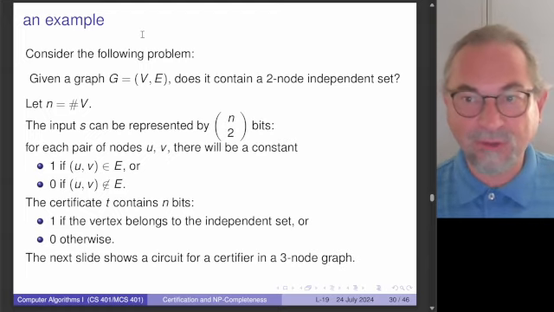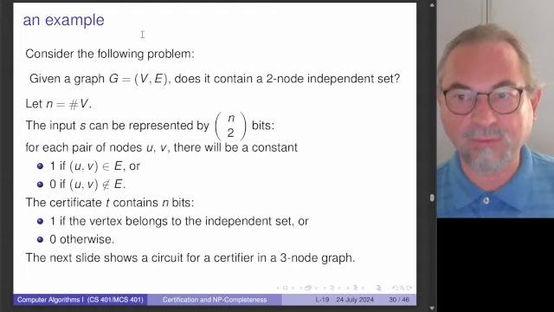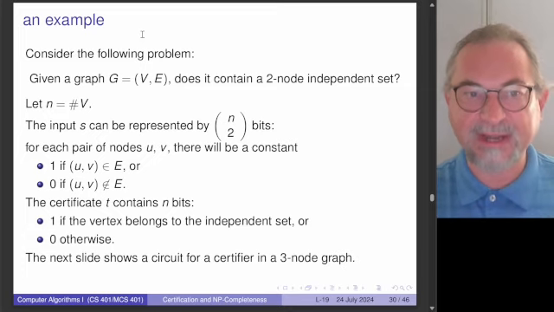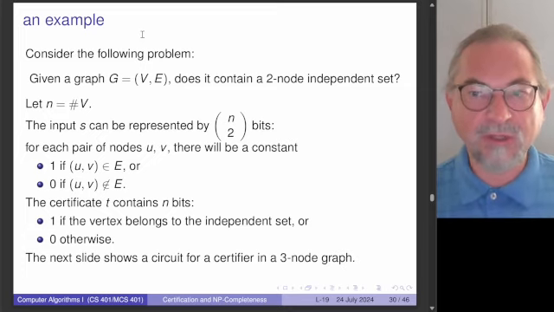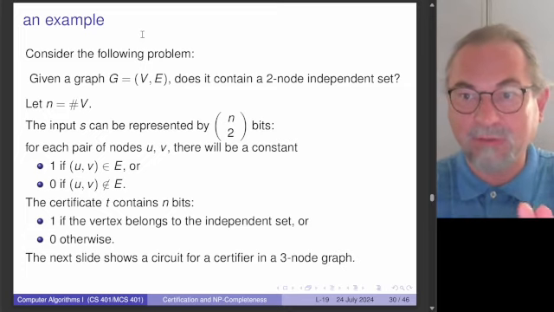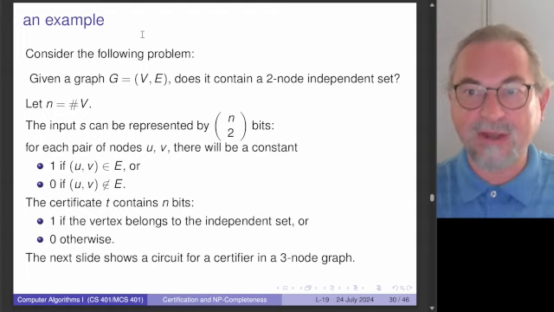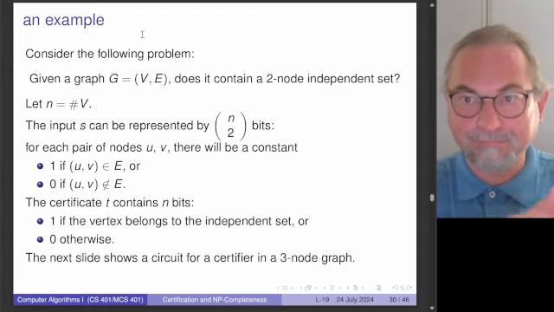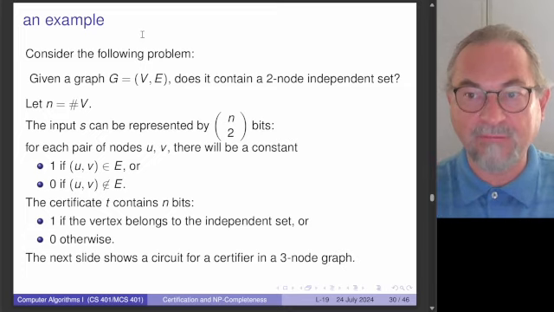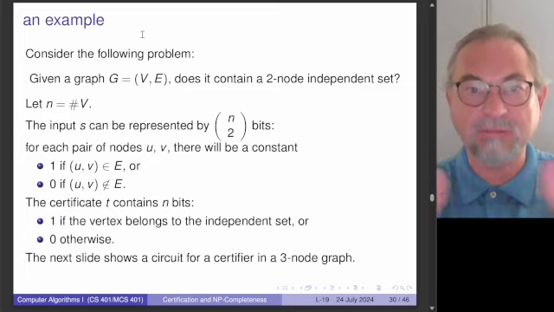For any two vertices that we pick, we have to be able to decide whether there is an edge or not. So we will have a sequence of bits. You label the vertices, and the pairs of vertices will correspond to a 0 or a 1 in a very long sequence of bits.